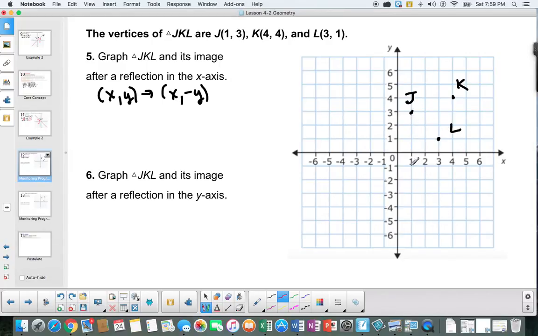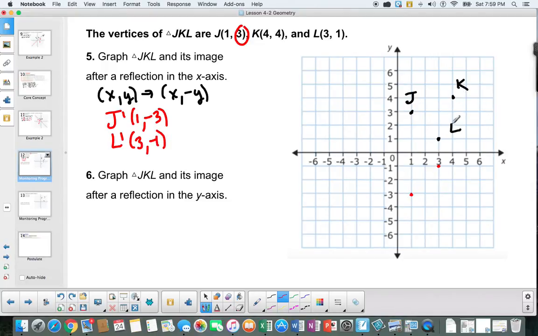1, 2, 3, 1, 2, 3, and notice that j prime is now 1, negative 3. So the y has changed its sign. And L will be right here. So L prime will be 3, negative 1.